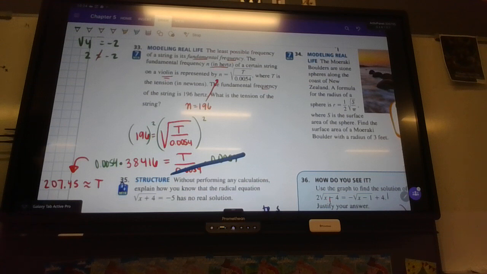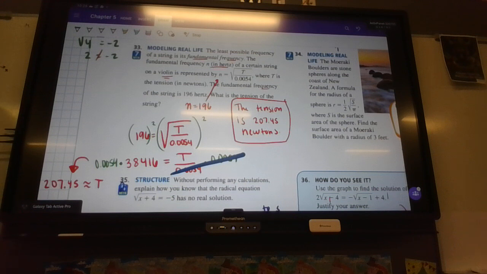T is tension. And tension is measured in newtons. So, hey, tension's a little bit like pressure, right? Like air pressure. So we talked about air pressure yesterday. Now we're talking about tension.